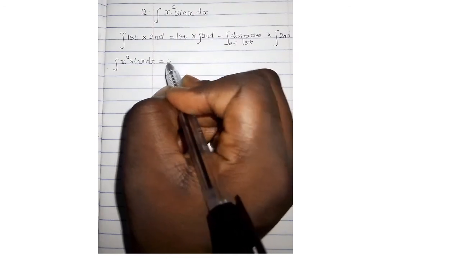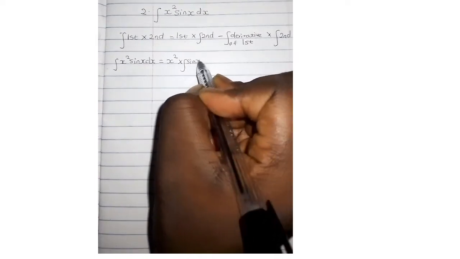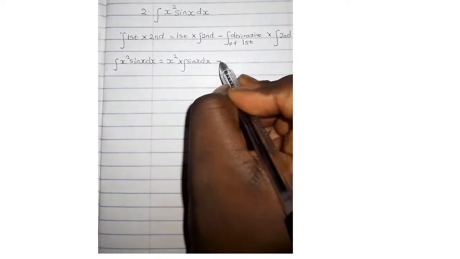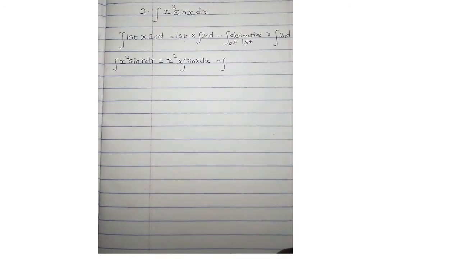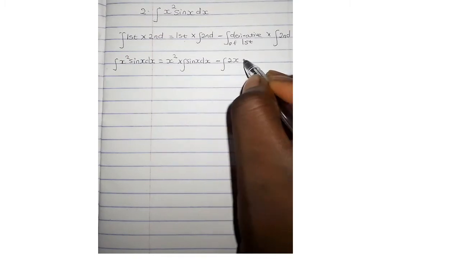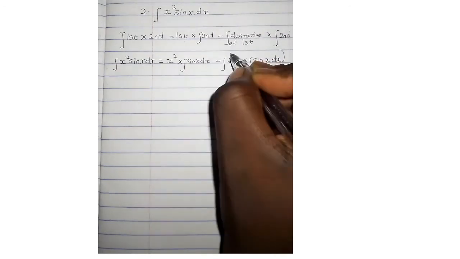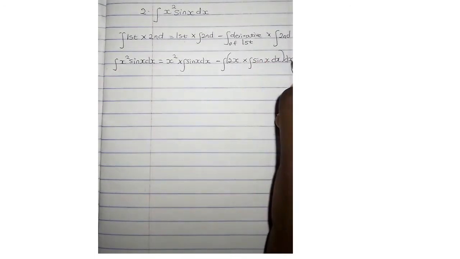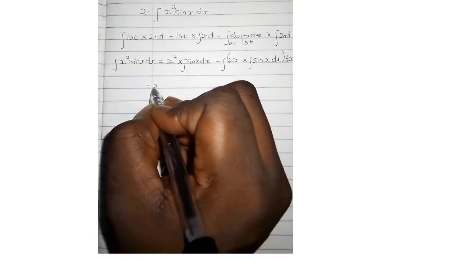So we have x squared times the integral of the second, sine x dx, subtracting the integral of the derivative of the first. That means when we differentiate x squared, the first, we have 2x multiplying the integral of the second, sine x dx, all into dx. So right now we're going to have x squared.